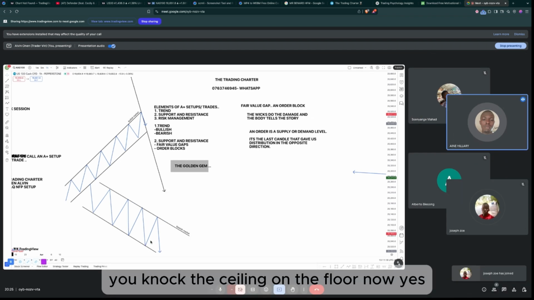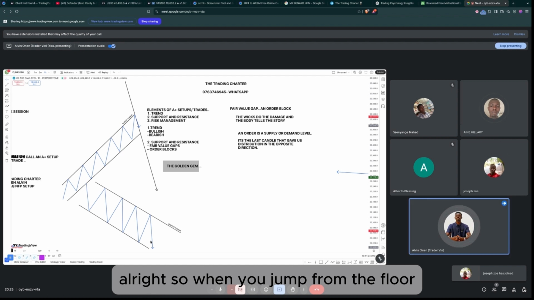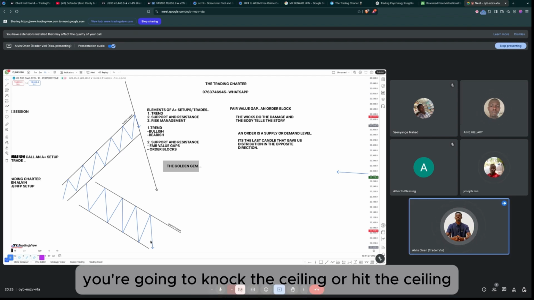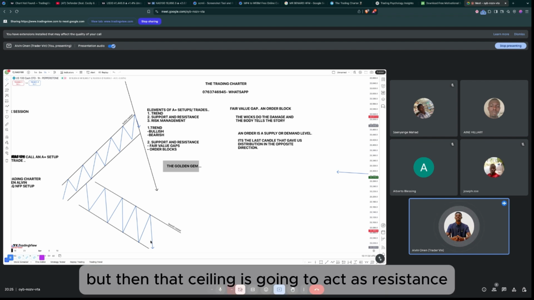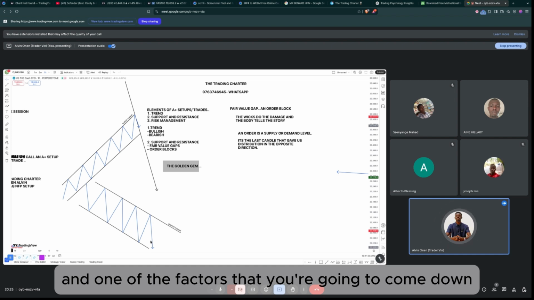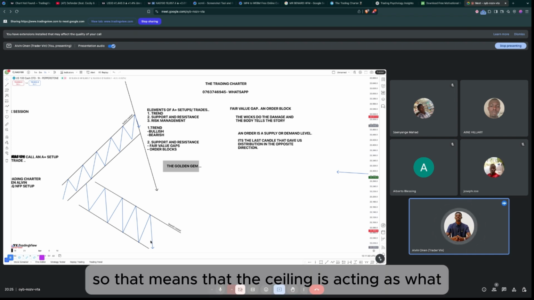You knock the ceiling and fall down. Yes. So when you jump from the floor to the ceiling, you're going to hit the ceiling. But then that ceiling is going to act as resistance to push you down. And one of the factors that makes you come down is what? Gravity, isn't it? So that means that the ceiling is acting as what? Resistance.